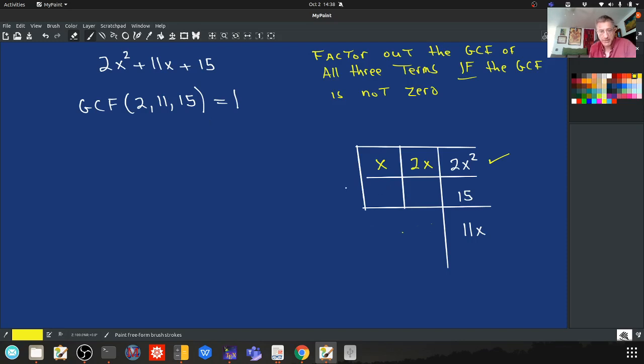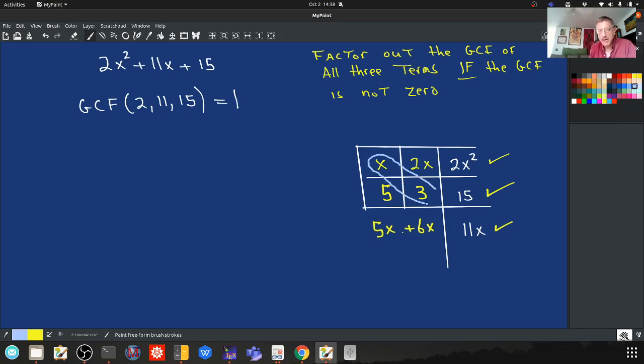Let's check 5 in a different order. So that gives me 5x plus 6x. Well, that works because 5x plus 6x gives me 11x. 5 times 3 gives me 15, and x times 2x gives me 2x squared.